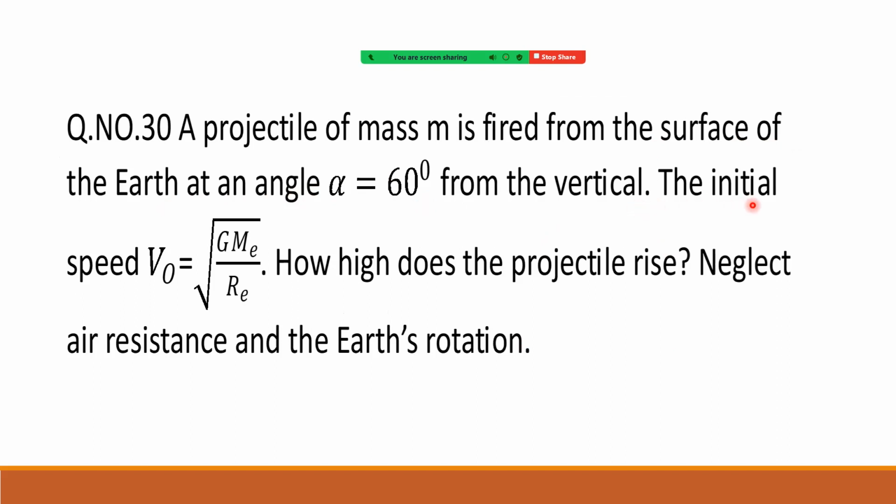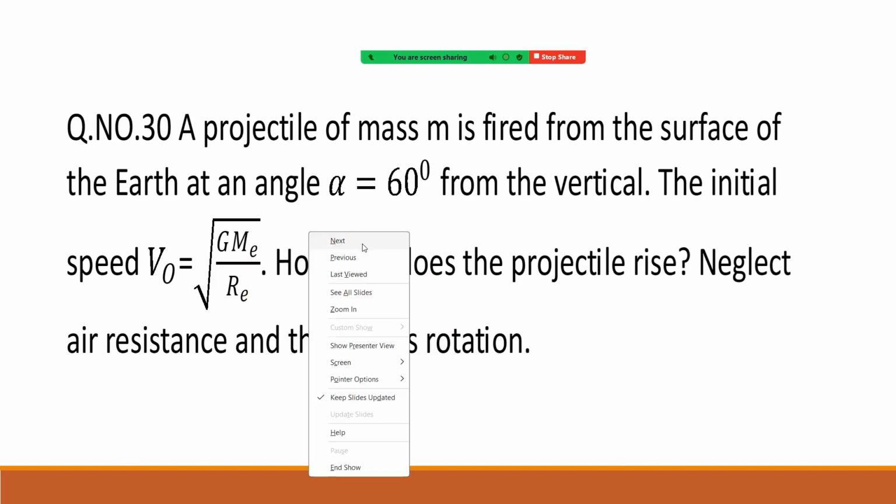The initial velocity V naught equals root of G Me by Re, where Me is the mass of the earth and Re is the radius of the earth. How high does the projectile rise? See how we are going to solve this one. Given angle 60 with the vertical and velocity root of G Me by Re.